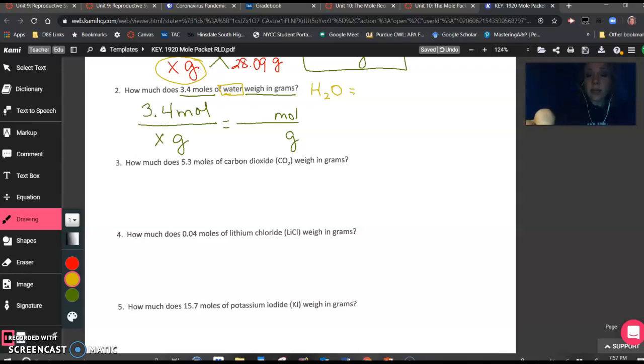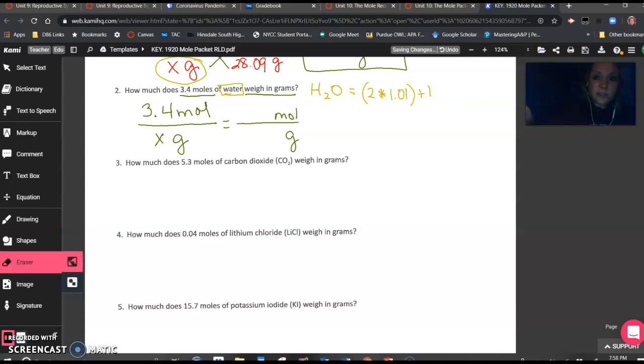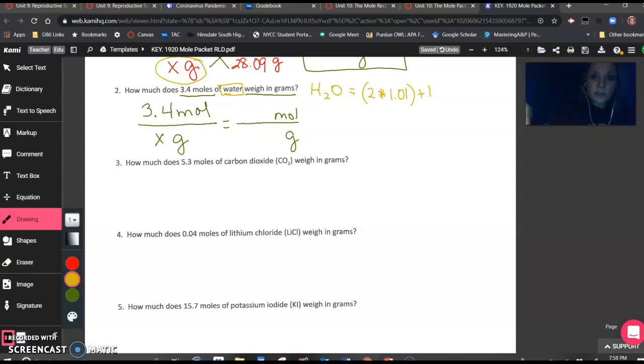If we look at our periodic table, I have 2 hydrogens, which means I have to multiply 2 times the molar mass of hydrogen, which is 1.01, and add that to 16, which is my molar mass for oxygen, and I've only got 1 oxygen, so I'm just going to put 16.